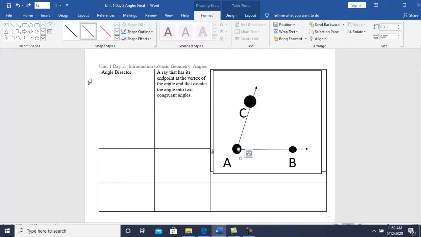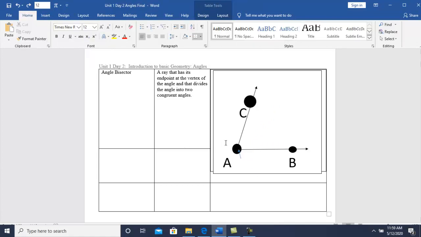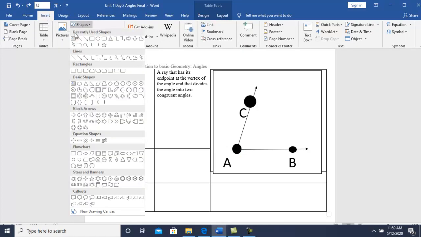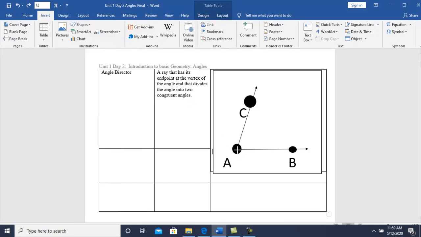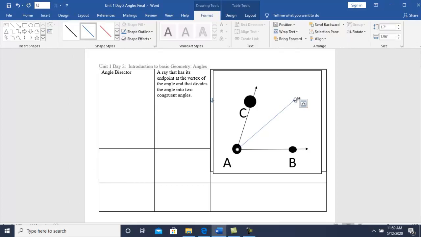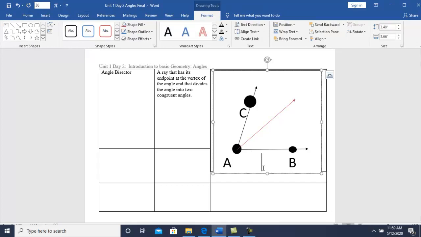Okay, so there's our line there. I'll use a different color. Okay, so what you're doing is you're cutting the angle in half.